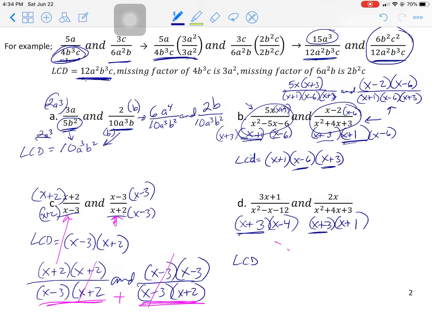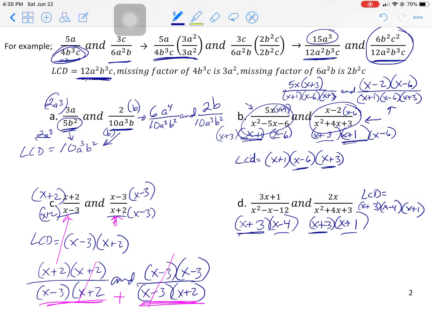So their LCD is going to be, wait, let's write that somewhere else. I'm going to take up my only spot here. So the LCD is going to be x plus 3, that's what they have in common, x minus 4, and x plus 1. Okay, one of what they have in common, and then one of each of the unique ones.